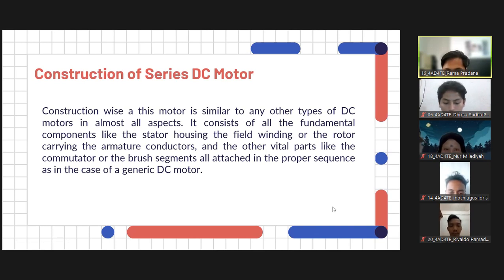It consists of all the fundamental components like the stator housing, the field winding, or the rotor carrying the armature conductor, and the other vital parts like the commutator or the brush segments are attached in the proper sequence as in the case of a generic DC motor.